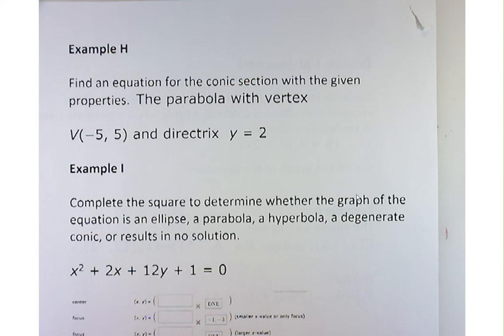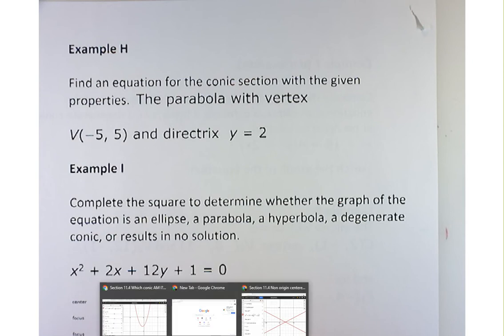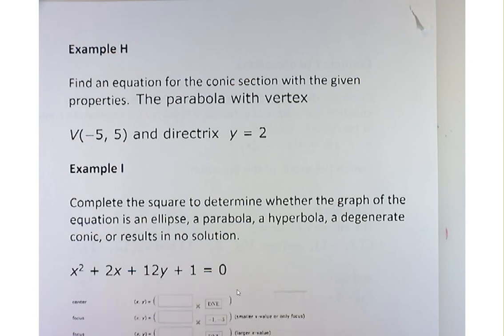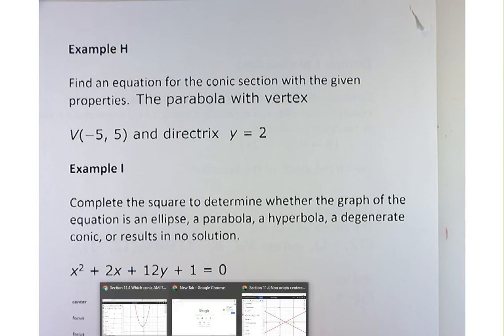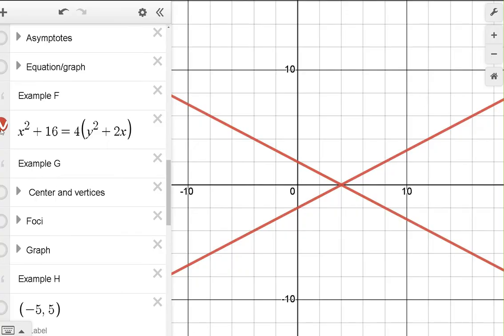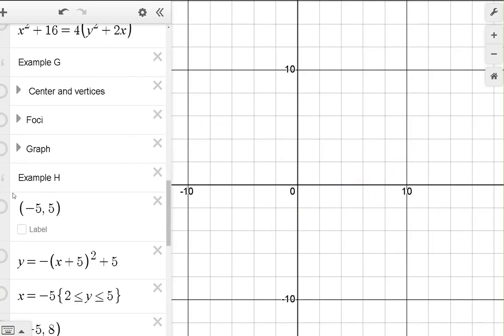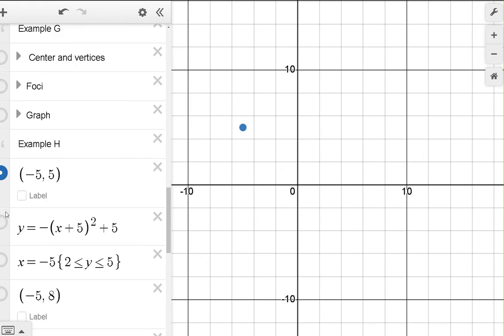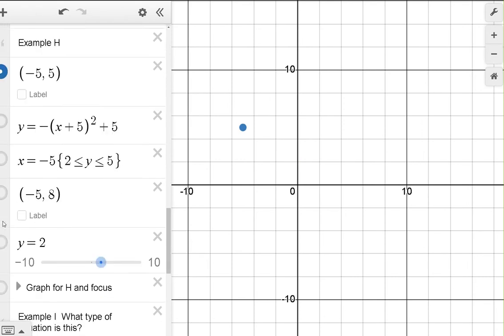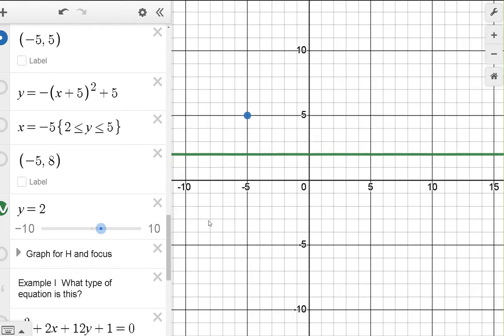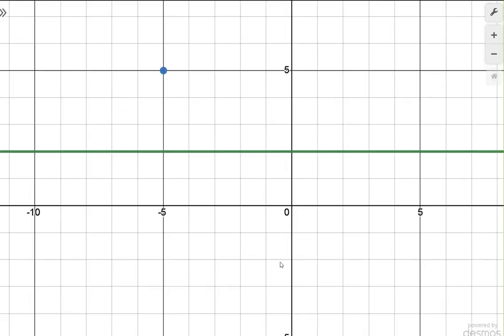All right, so let's take a look at that graph. Example H, so we got a point here, and this line right here. That's the information that we've got.